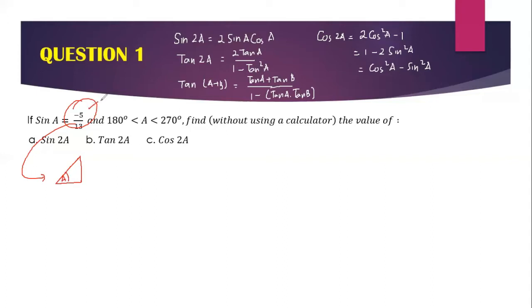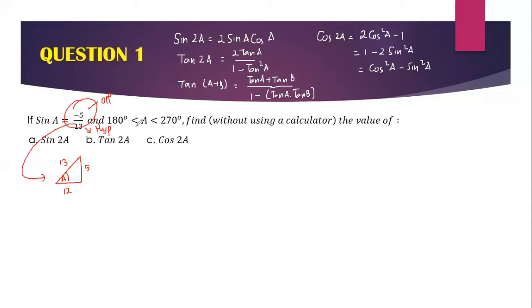Sine is opposite divided by hypotenuse, right? Opposite 5 over 13. You don't need to write minus. Minus means the position or the quadrant. Automatically here is 12, right? Is it correct, everyone? This is using the Pythagoras theorem.